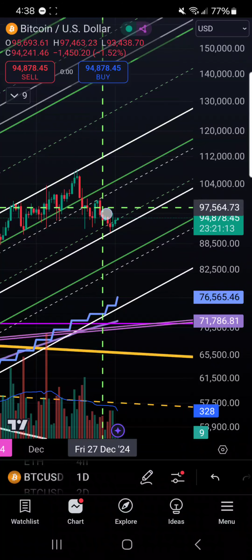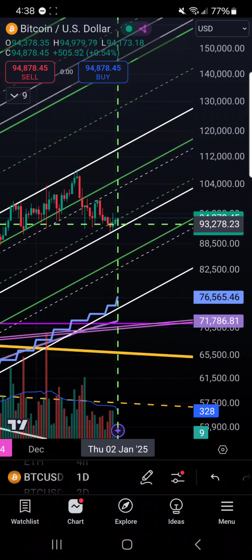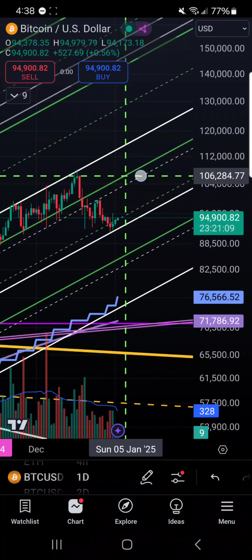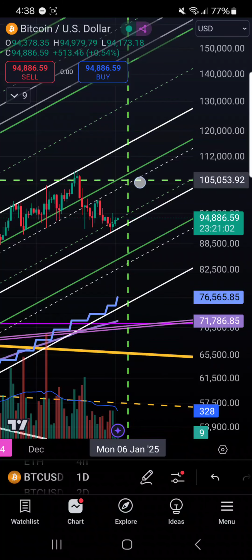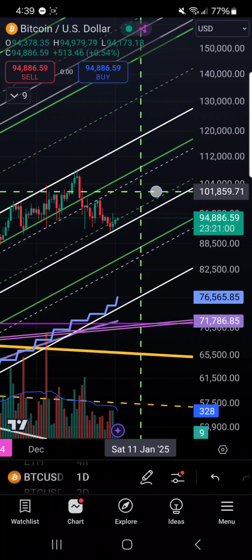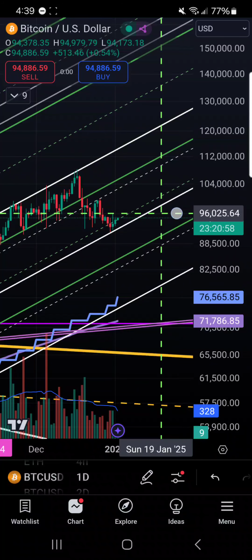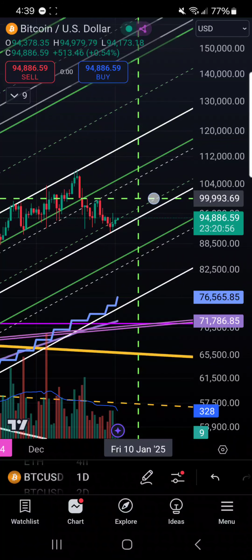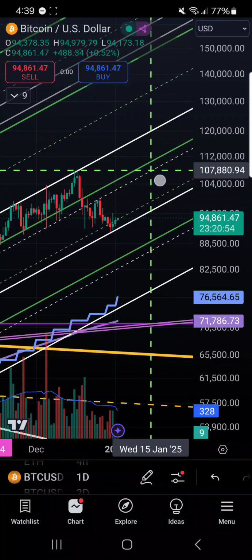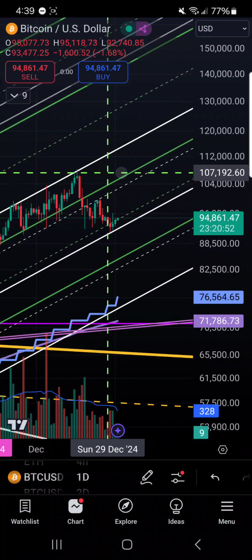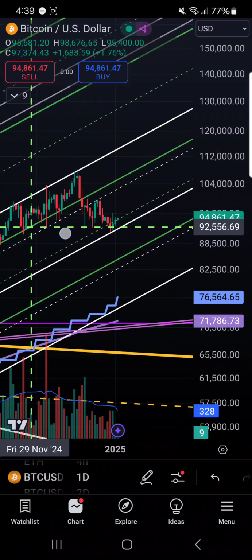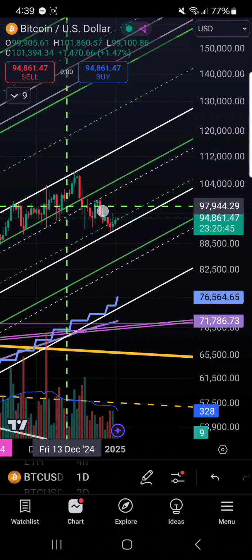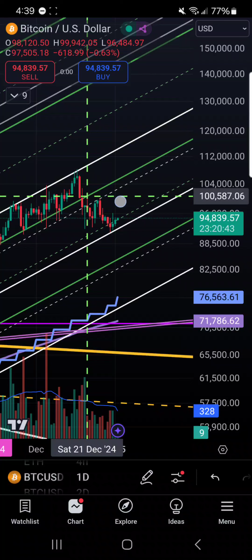Instead, what we've done is we've got a pullback here, and now I think we will rally probably up to the green line or the yellow dashed line here. Technically, we're trading in the yellow channel here. They're offset a little bit, but the green channel, you can see back here, we do have candle bodies closing on that green channel right there.